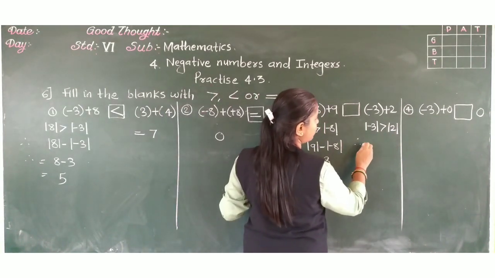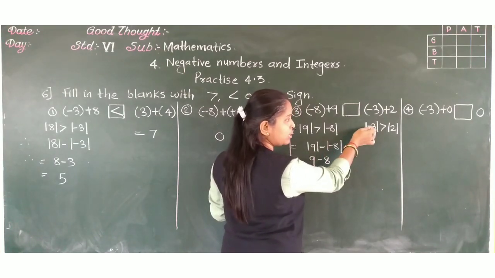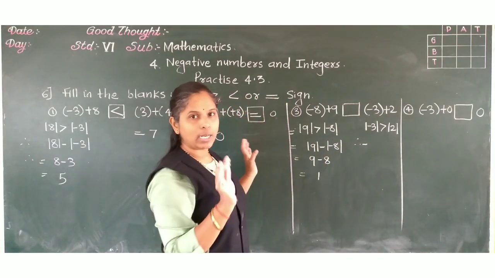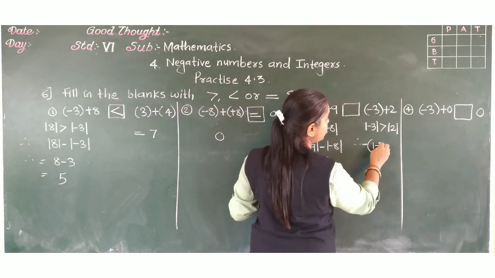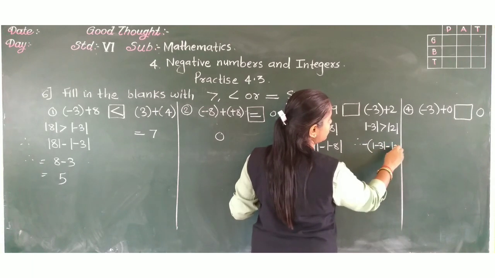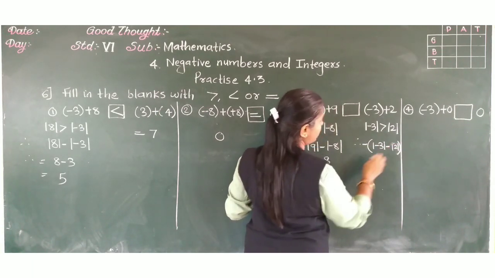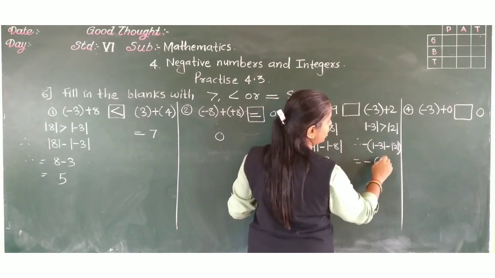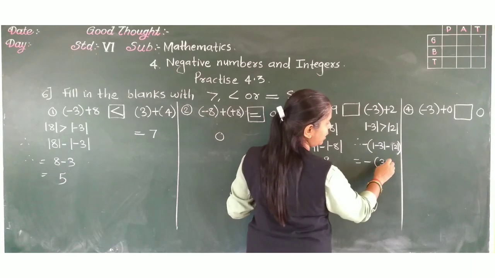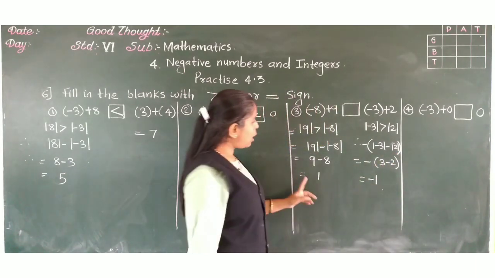Therefore our answer will be negative, because the negative number's absolute value is greater, and subtract their absolute values, minus 2. That is equal to minus, 3 minus 2, so minus 1.